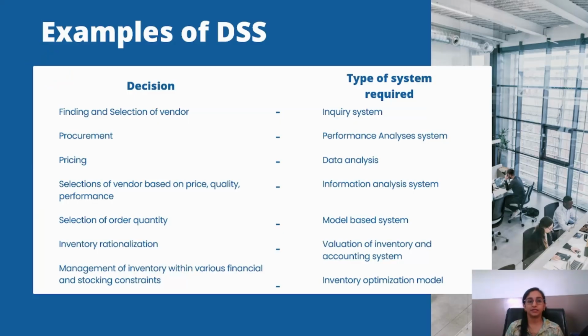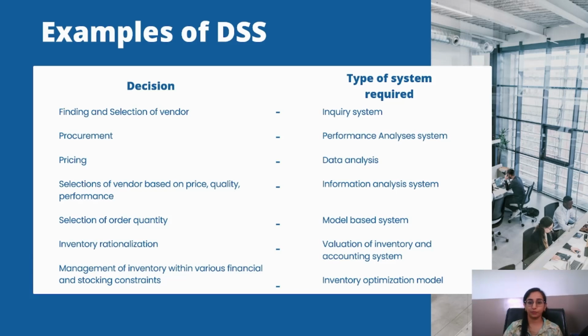Here are some examples of DSS. We will discuss each of the examples. The first we have is finding and selection of vendor. This decision requires an inquiry system to gather information about potential vendors and evaluate their suitability for the organization's need.